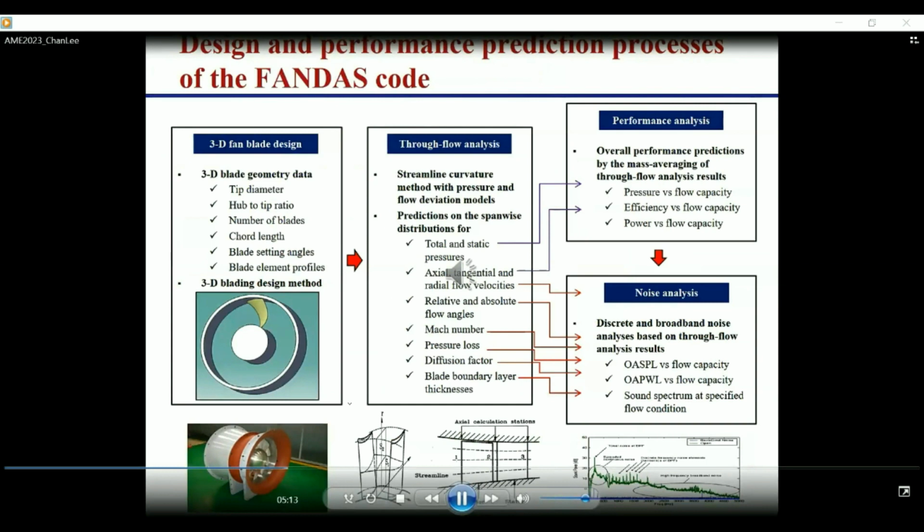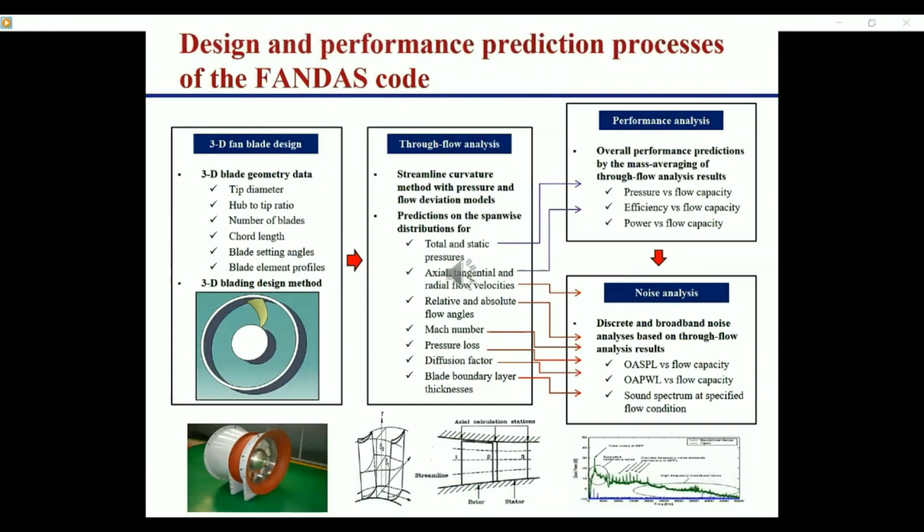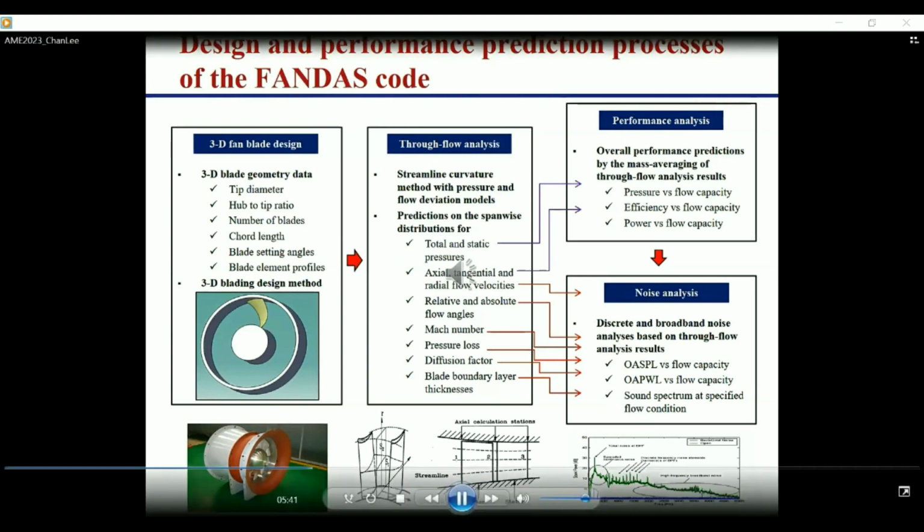This slide shows the calculation processes of the FANDAS code from design step to performance prediction step. We can determine design parameters for three-dimensional fan blade geometry, such as tip, hub diameters, and the chord length, and then make a 3D blading design from blade angle and the profile distribution, which are very important parameters for fan performance improvement.